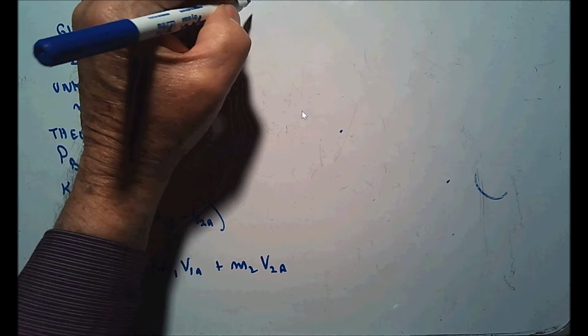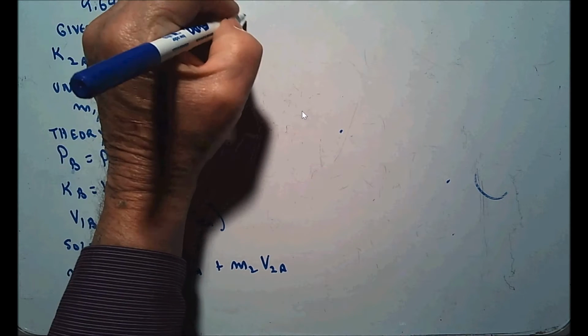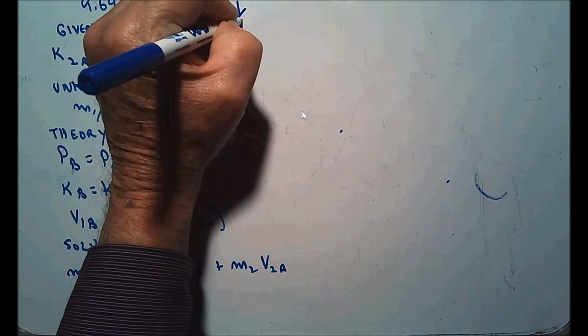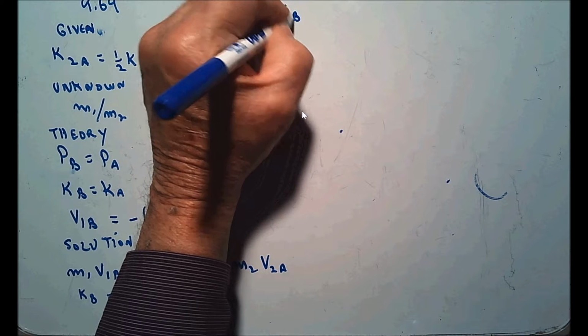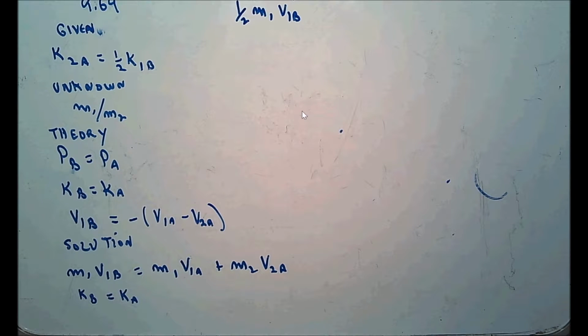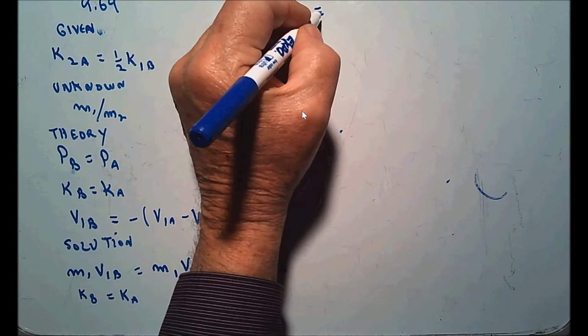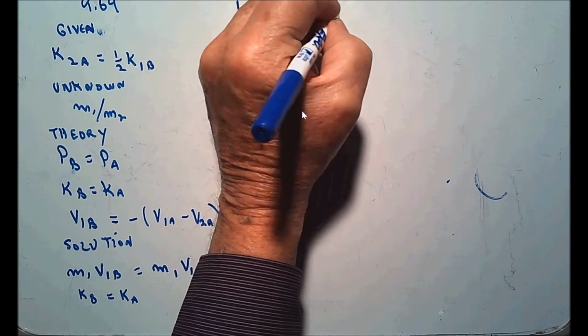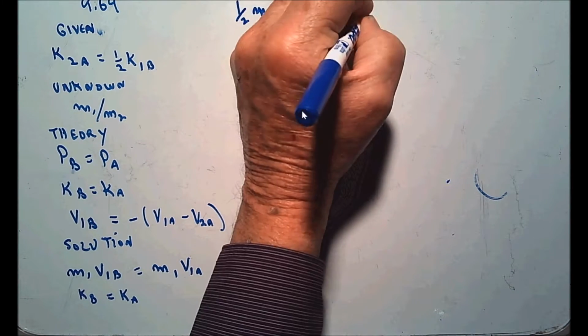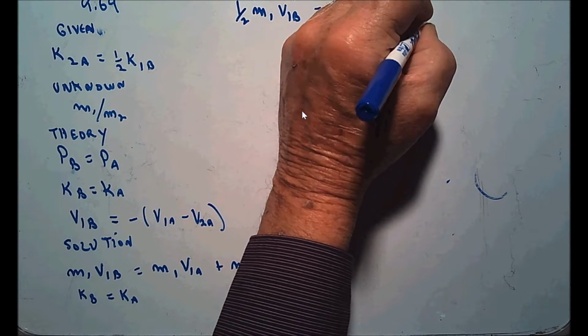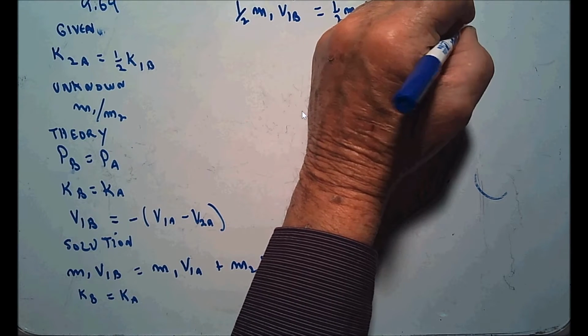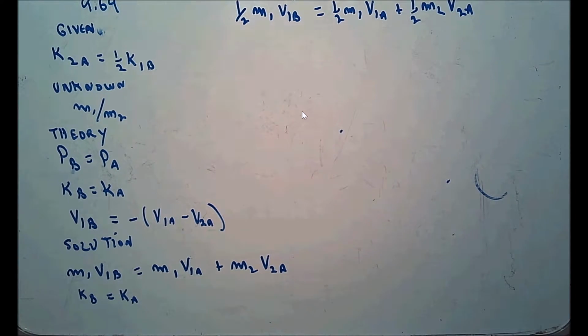The kinetic energy before is the kinetic energy of the first mass, and that's got to equal the kinetic energy of the first afterwards plus the kinetic energy of the second one squared. So there is the conservation of kinetic energy.